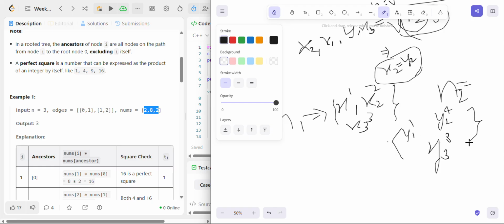So all the even powers will go out of the square root, so they will always form a perfect square. Now for the odd ones we have to check. That means x3 into y3 into y1 should be a perfect square. That means x3 should be equal to y1 into y3.